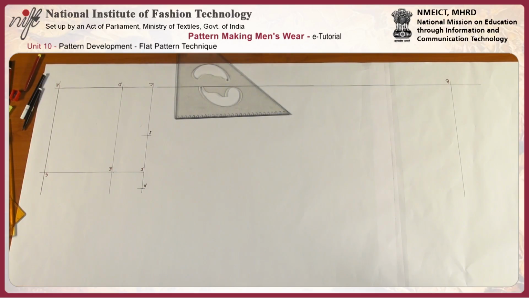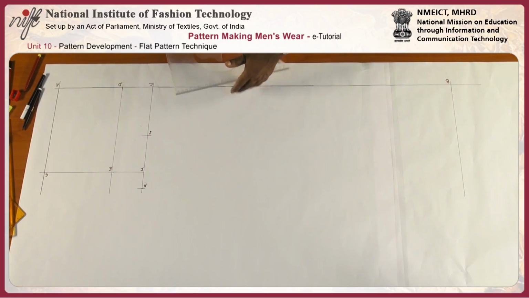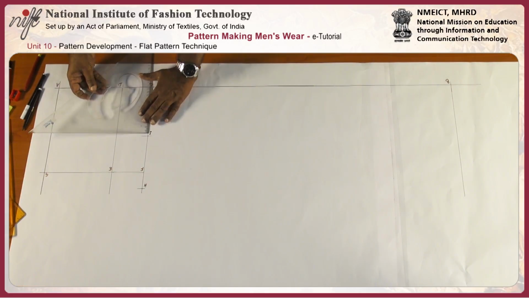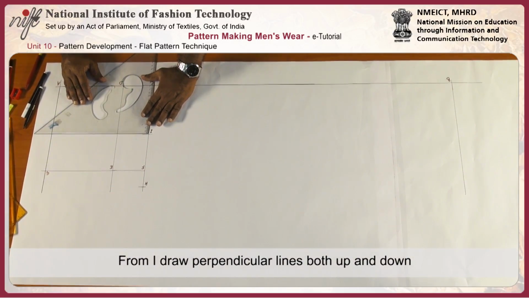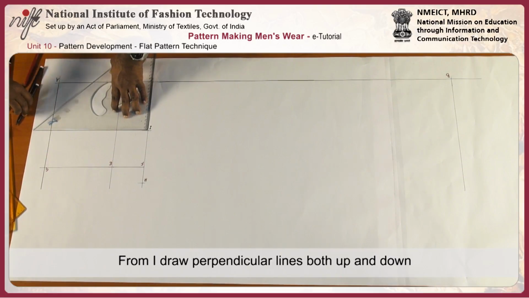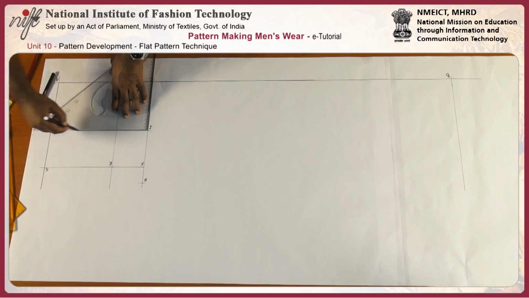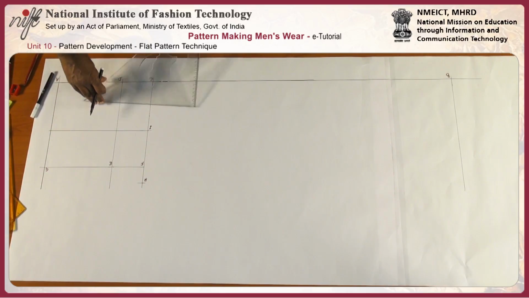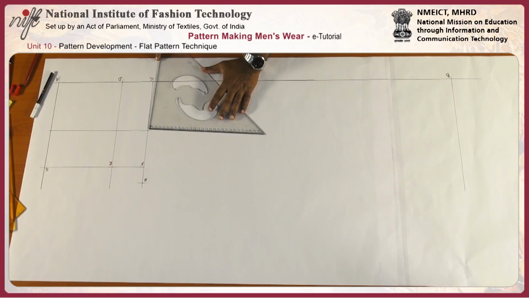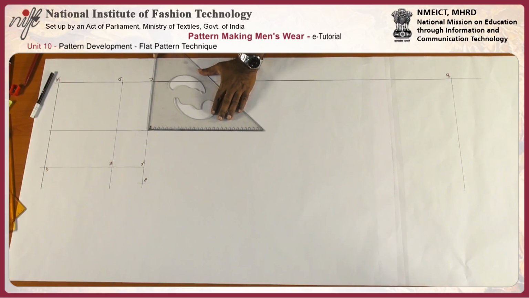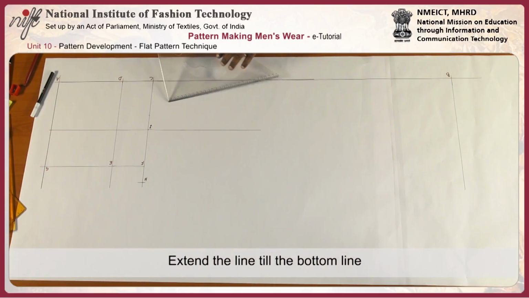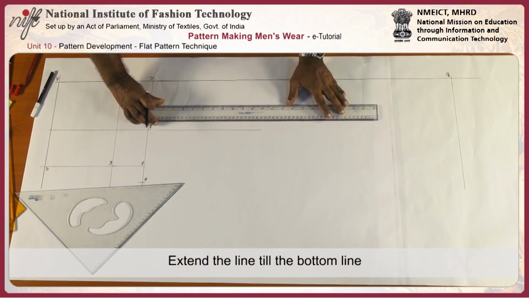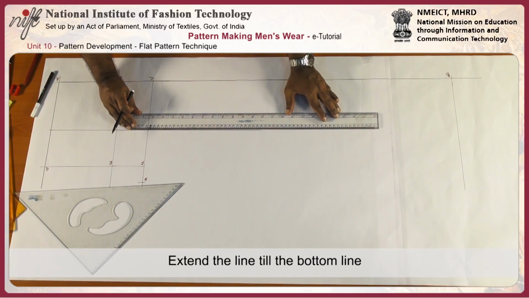I is the midpoint of CH. From I, draw a perpendicular line upward and downward, as I told, is a crease line. This is to be continued till the bottom line.